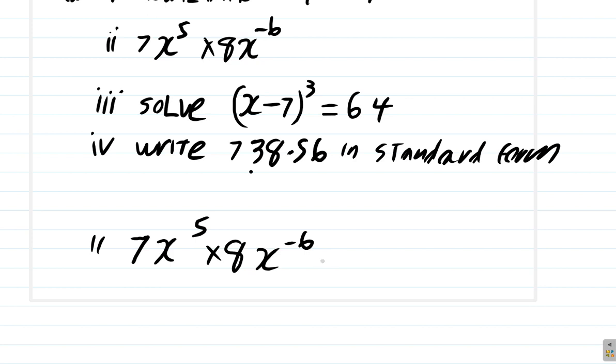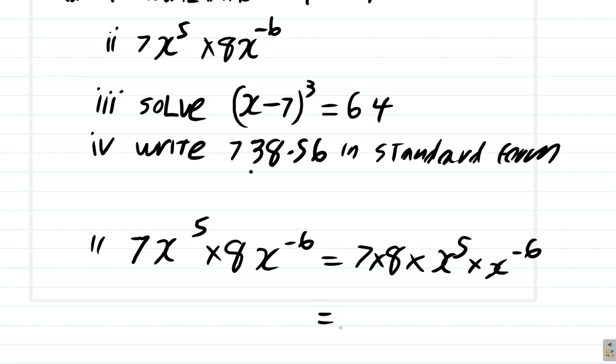Let us put like terms together, numbers with numbers, x's with x's. So what we have is 7 times 8 times x to the 5th power times x to the negative 6th power.